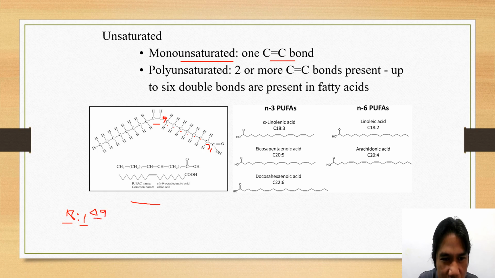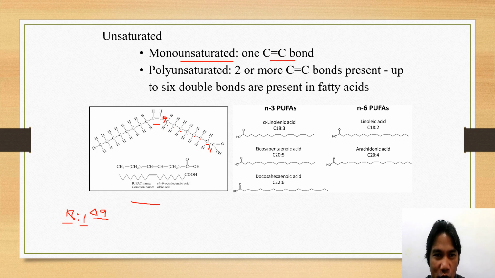This delta 9 means the double bond is on carbon number 9. So that's how we write the number notation of oleic acid. Once again, oleic acid is 18:1 delta 9: 18 carbons, 1 double bond on carbon number 9.